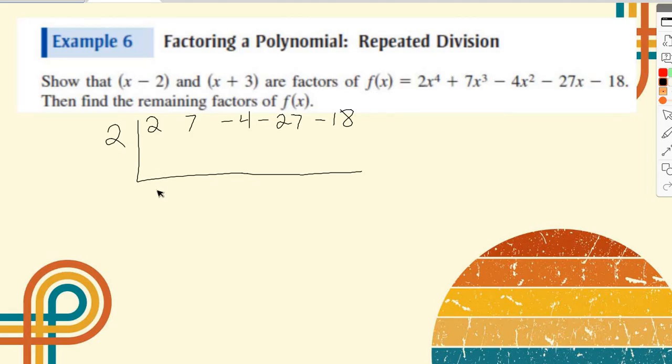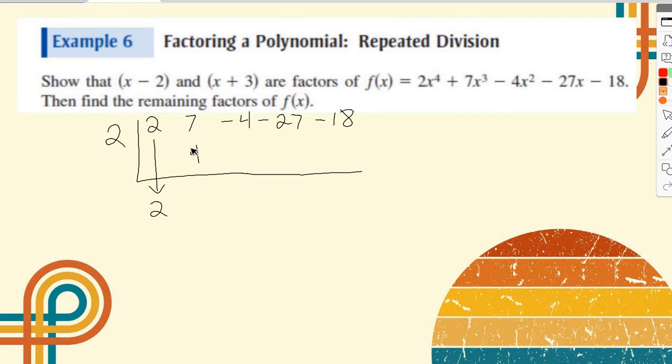0. So remember, first step is to bring down our 2. You should always draw that arrow first, because if you start multiplying from the beginning instead, it's going to mess up the whole rest of your problem. So then 2 times 2 gives us 4. And again, we do what as we go down?